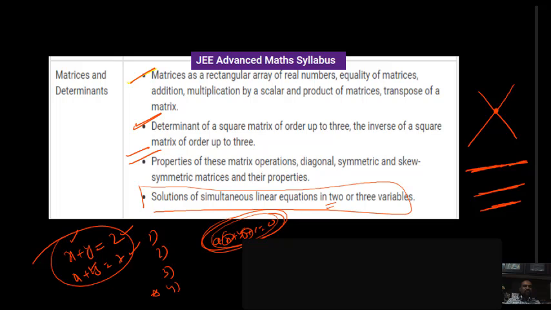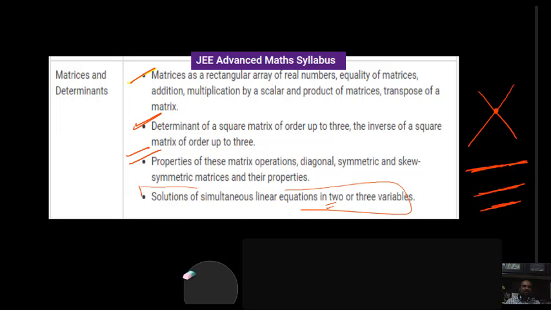Now the important thing, students, listen. I explained the elimination method, substitution method, cross multiplication method, graphical method. The 5th method is also there, called the matrix method. Actually, the main purpose of the invention of matrices is to solve systems of linear equations.